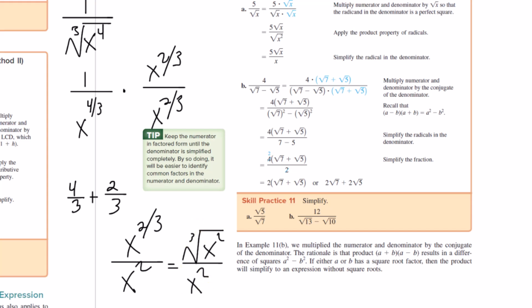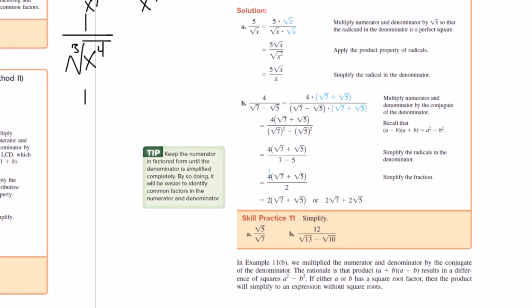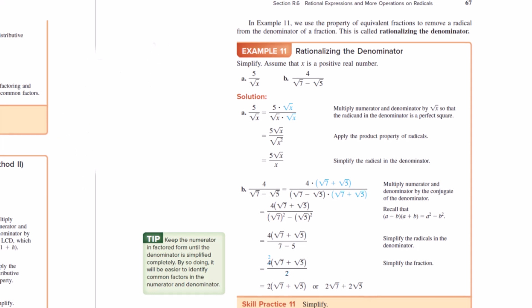So that was the idea of rationalizing if you have just a single radical in the denominator. Okay, but what we didn't look at was, what if you have something like this? You can think about this, these aren't variable radicals, but this same idea would apply. What if you had a subtraction or addition of radicals in the denominator?